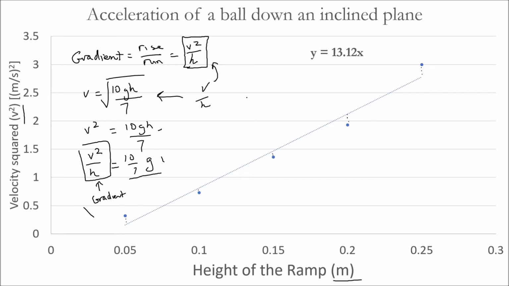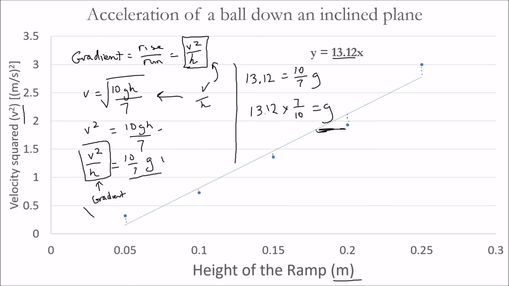So I might just quickly show you how to do the end part, and then I'll show you what my value for g is. So we found a gradient, this one here. It is 13.12 equals 10 over 7 g. So 13.12 times 7 over 10 will equal my acceleration due to gravity.